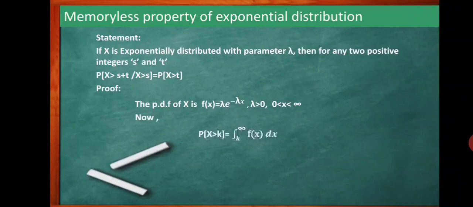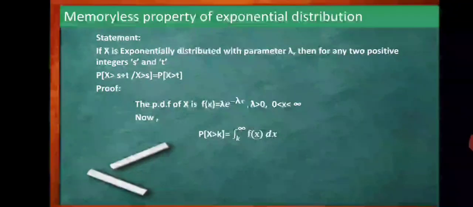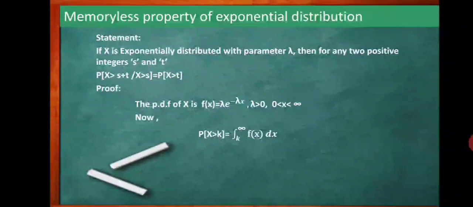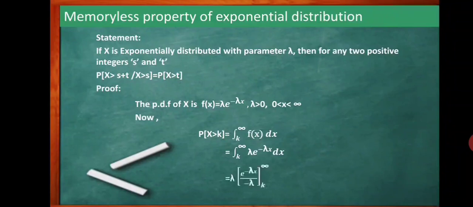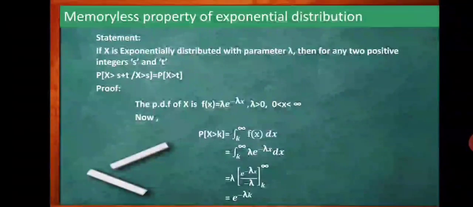So, x greater than k means after this k we have to take all the values, that is lower limit is k, upper limit is infinity into f of x dx. This is a formula. Now, in the place of f of x, substitute this lambda into e power minus lambda x. Take the lambda outside and integrate e power minus lambda x. We get the answer e power minus lambda x by minus lambda. Substituting upper limit and lower limit, we get the answer e power minus lambda k.